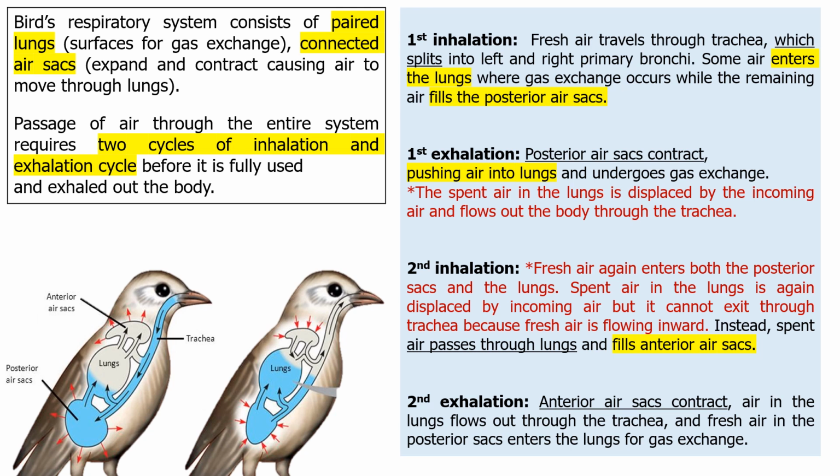A bird's respiratory system consists of paired lungs, the surfaces for gas exchange, and also the connected air sacs, which will expand and contract, causing air to move through the lungs.